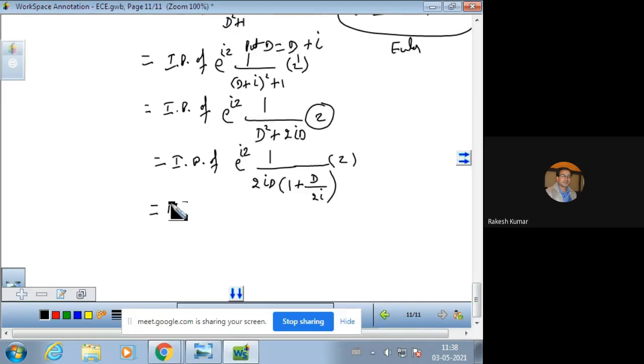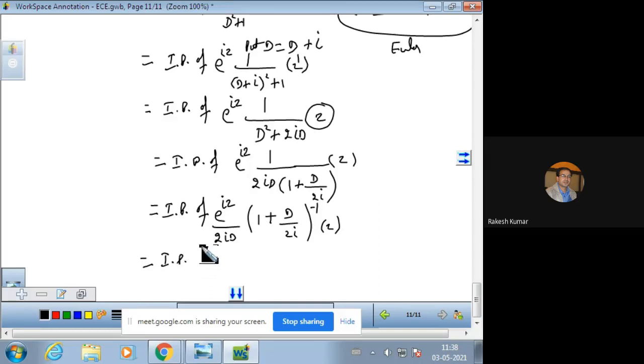So for applying binomial theorem, this factor can be taken in the numerator. So 1 plus D over 2 iota raised to power minus 1 of z. Imaginary part of e raised to power iota z over 2 iota D, and apply the binomial factor here.